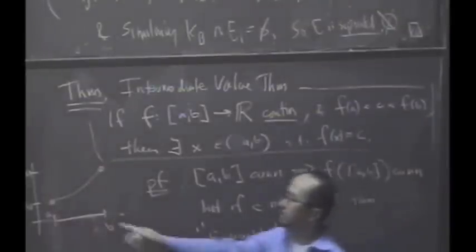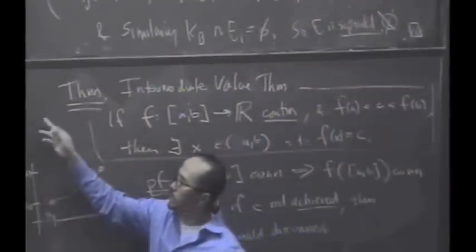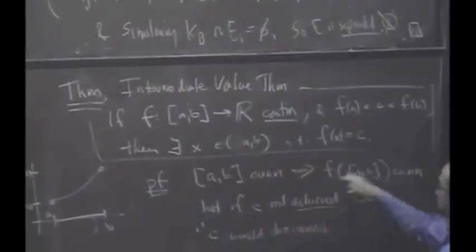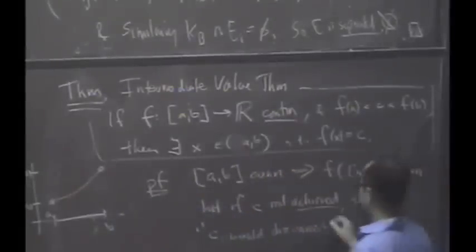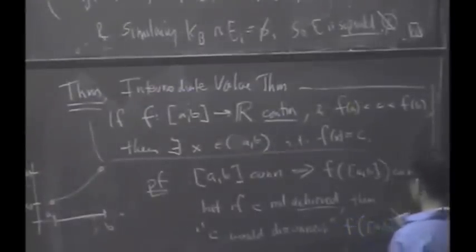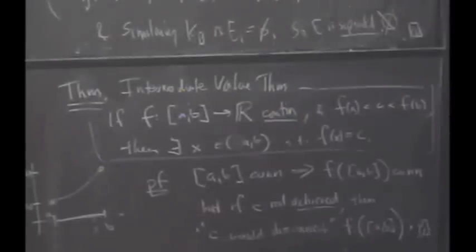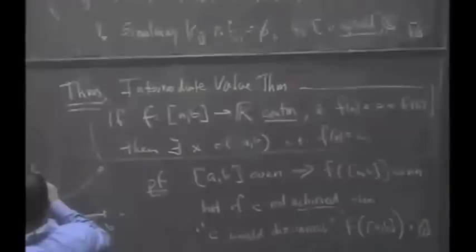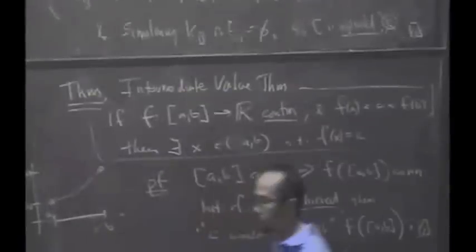Formally, I would say take the interval from C to infinity and intersect it with f([a,b]), and take the part below and intersect it with f([a,b]), and that forms a disconnection. C would disconnect f([a,b]). That's the basic idea. Look at this part and look at this part. All right.